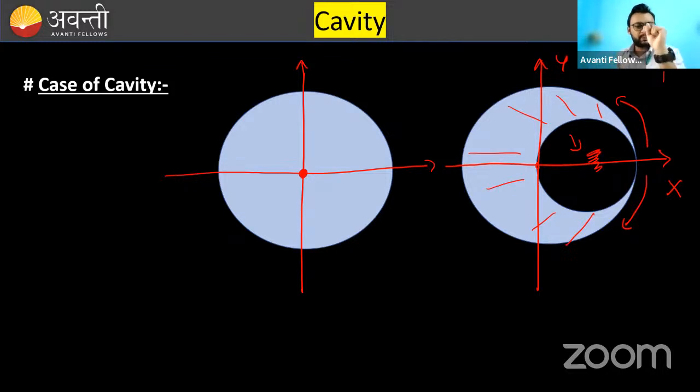If you just consider the plus m mass here, can you say that this disc will again look like the complete one? And with the negative mass there, it will look like the cavity.